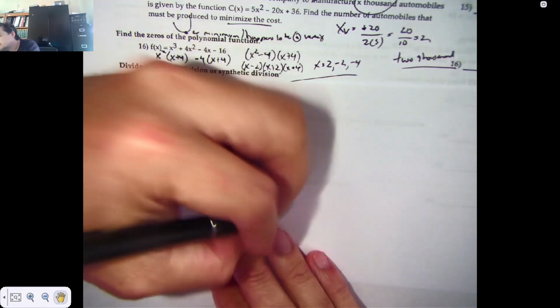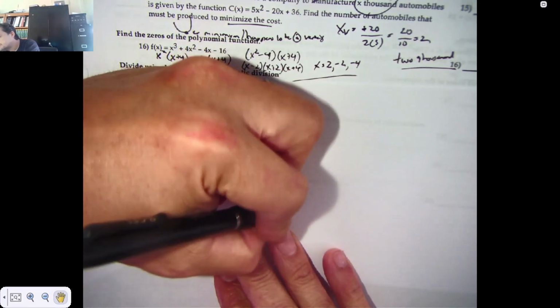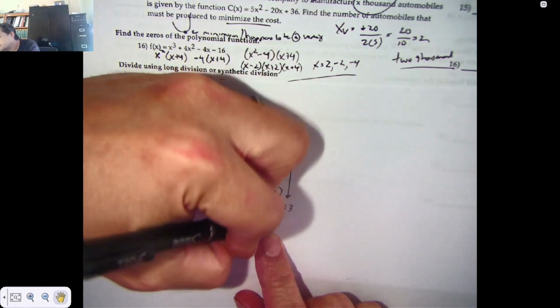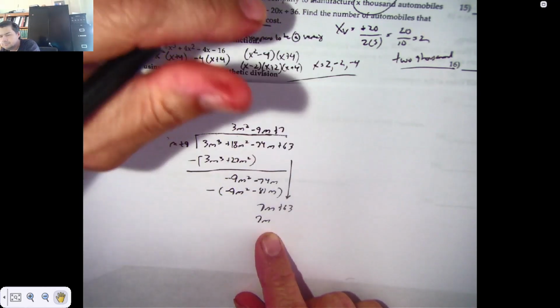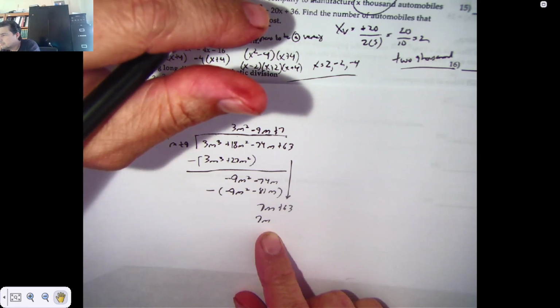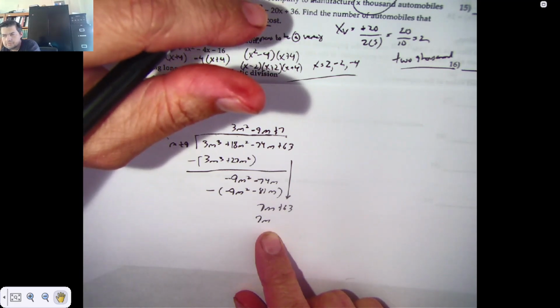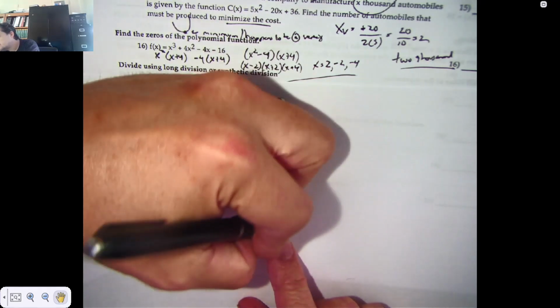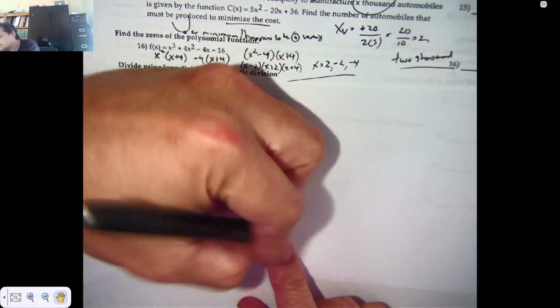Should be 7. And then bring down that 63. To turn an m into a 7m, we multiply by 7. 7 times 9, was that 62? That doesn't seem right. 63, right? Yeah, 63. Ah, sweet. 0.